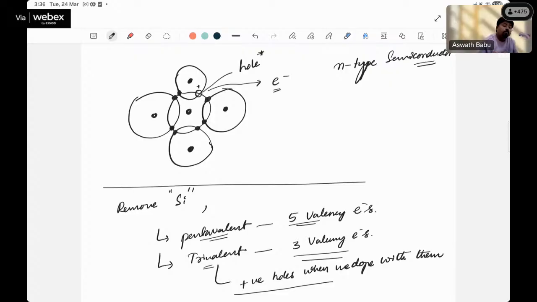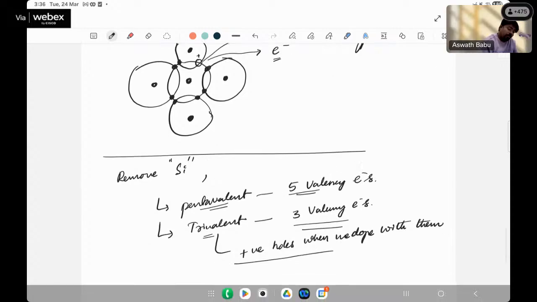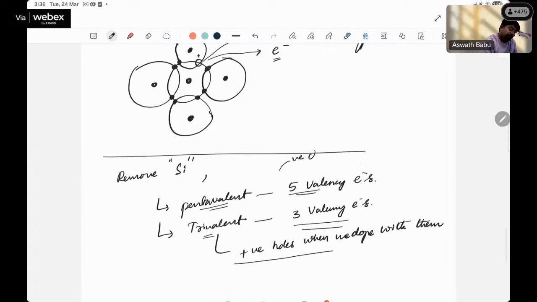The 5th electron will be contributing as negative charge responsible for conduction. In that way, we are going to create n-type extrinsic semiconductors. So the pentavalent are known for creating n-type semiconductors. Trivalent were known for p-type extrinsic semiconductors.